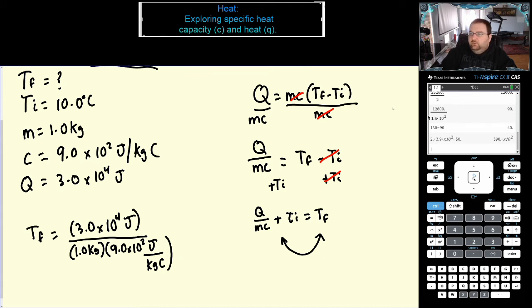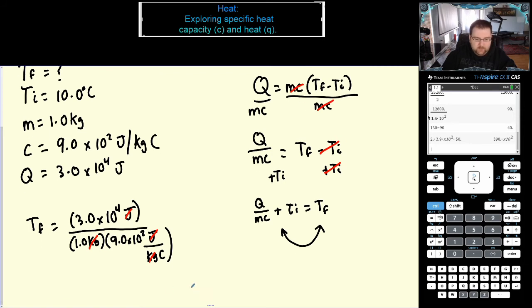Okay, now we're going to do some unit analysis here. These kilograms are going to cancel out. These joules are going to cancel out. And all we're going to be left with is Celsius in the denominator of our denominator, which means it's going to become our new numerator. And that is some math skills, right?